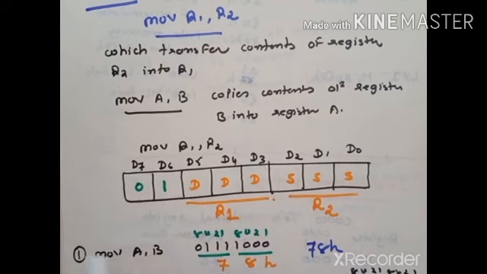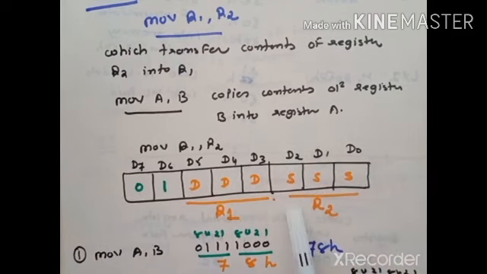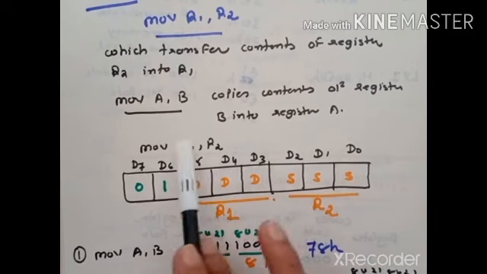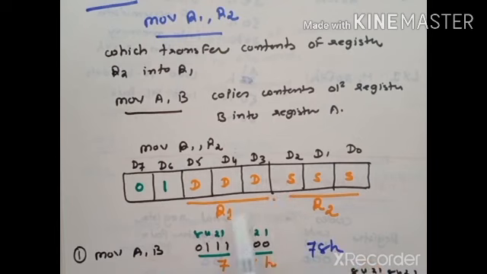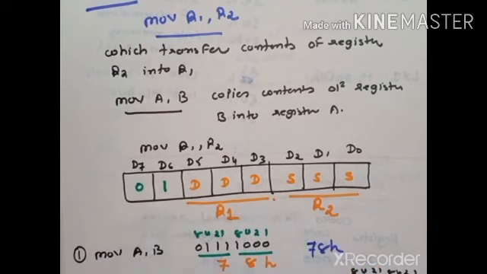In that 8-bit data, D0, D1 and D2 are used for the equivalent code of the source register, and D3, D4 and D5 are used for the equivalent code of the destination register. For the MOV instruction, 01 is the fixed code.